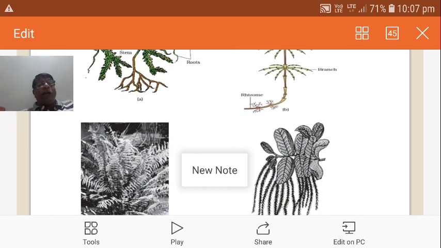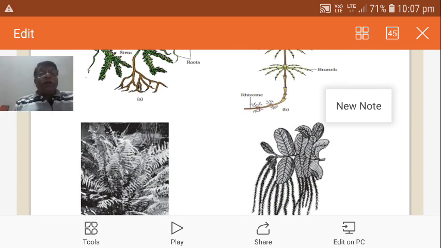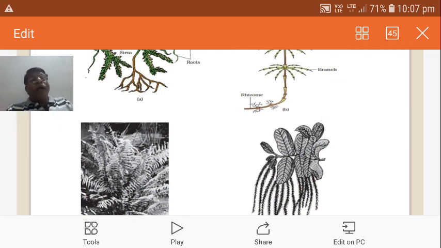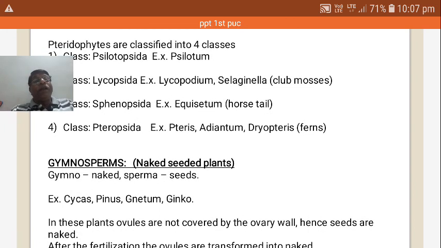Then one more plant is there, Salvinia, also a fern. So these are some examples: Lycopodium, Selaginella, Equisetum, ferns. So that's all about the general characters of pteridophytes. Okay. Now we shall see a brief outline of classification.